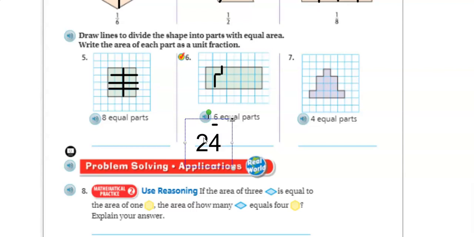Just pretend my subtraction sign is a division sign because I don't see my division sign. 24 divided by 6, because they're saying 6 equal parts, is going to equal 4. You're going to divide it into 6 equal groups, which means each group is going to have 4 in each group. 1, 2, 3, 4. So that's up to you.